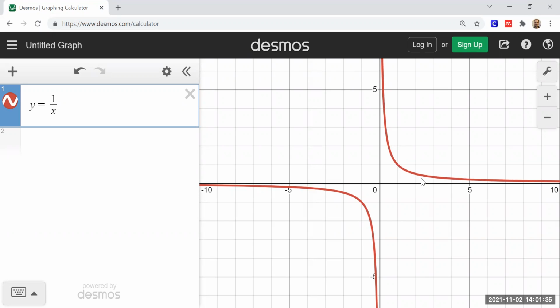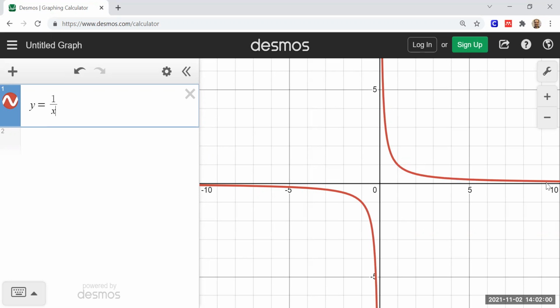Similarly, if I start plugging in bigger numbers, 1 divided by 1 is 1, 1 over 2 is 1/2, 1 over 3 is 1/3, 1 over 4 is 1/4. It's getting smaller and smaller. Am I ever going to get to 0? If I'm taking 1 and dividing it by stuff, I'm always still going to have something.